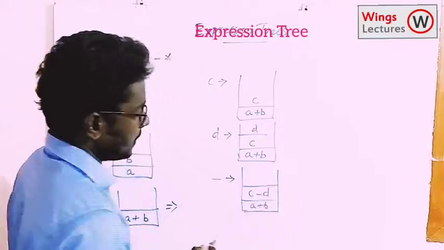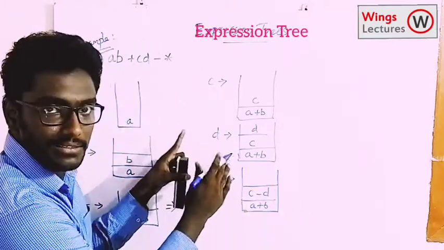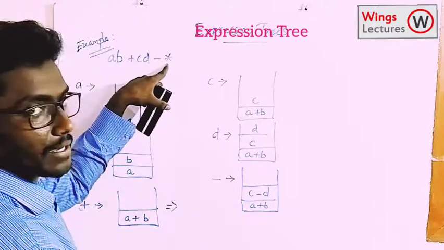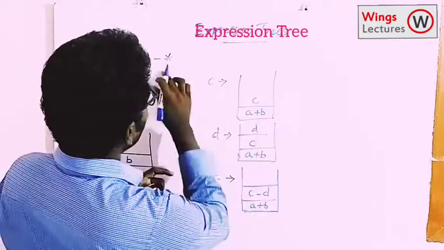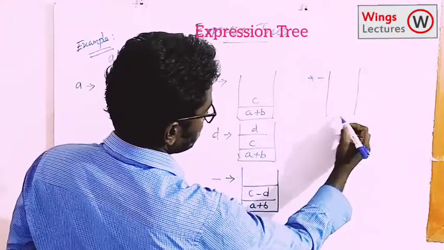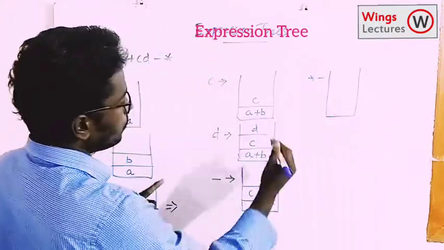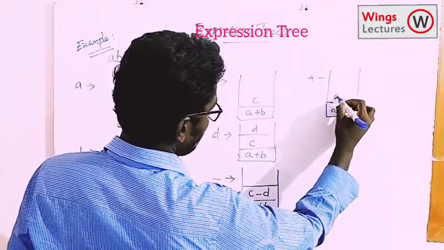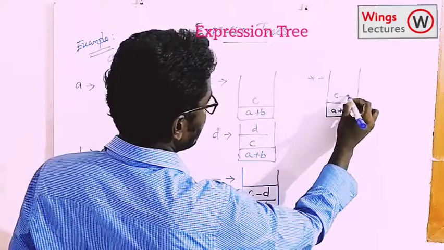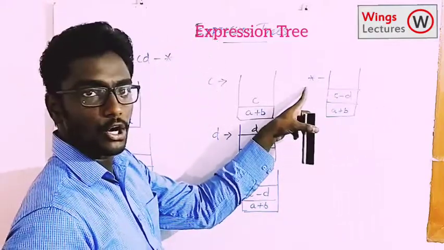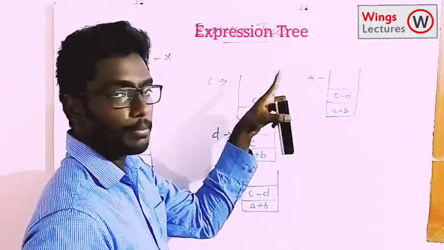Okay, so I hope you understood the logic clearly, right? Then what's going to be the last element? It's going to be star. Here I already have A plus B, and then C minus D. So next I am going to read the star operator.